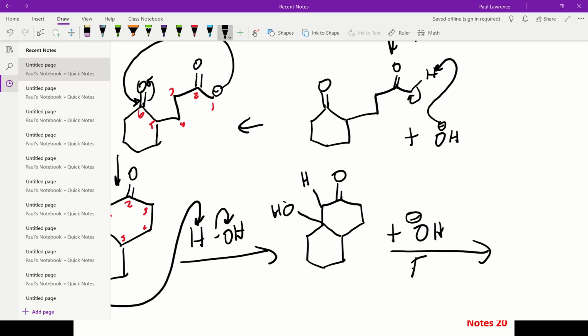because we are going to use an E1CB mechanism here, in which the base is going to come and abstract that alpha proton, bring its double bond there, and kick off the OH.